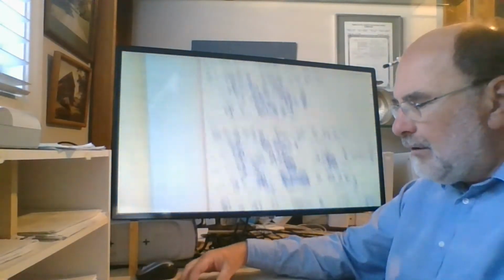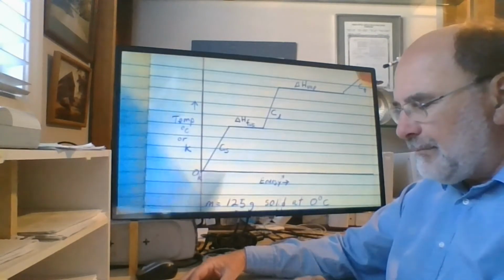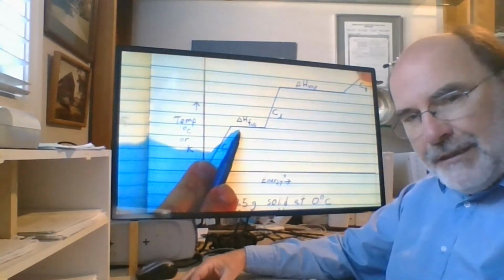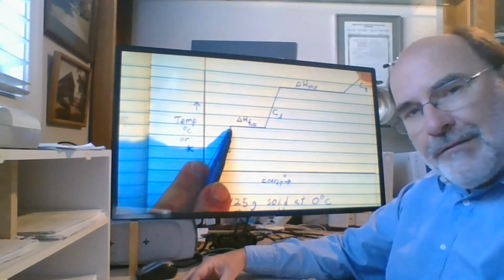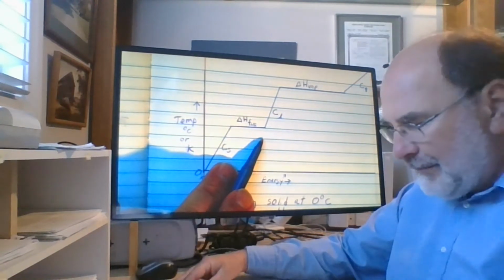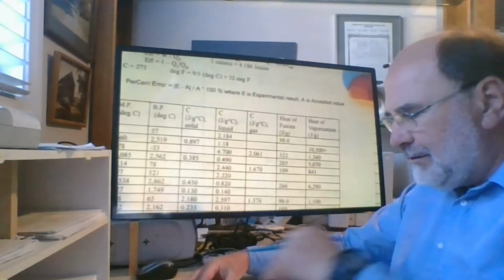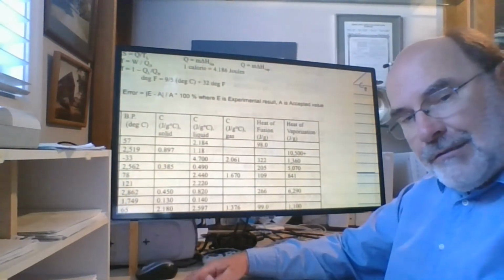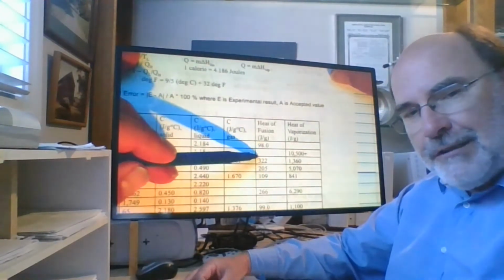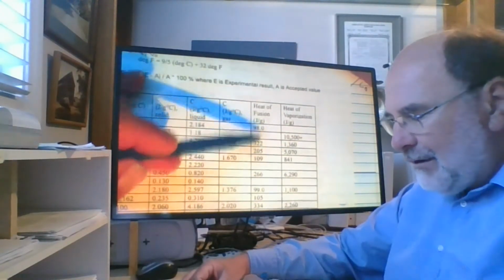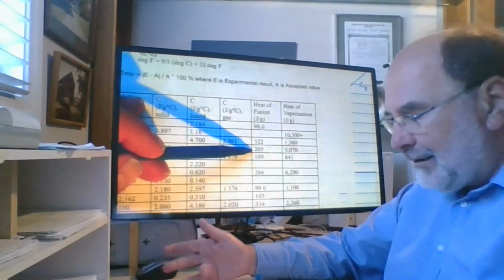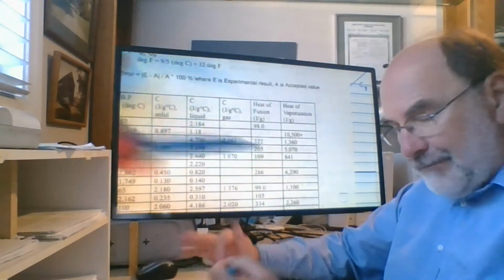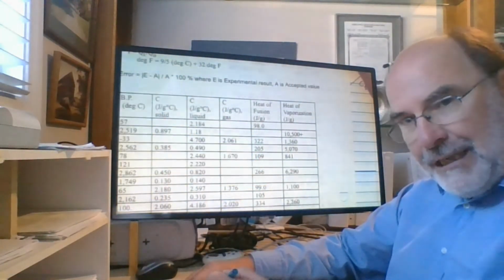So when I go from liquid to solid, I'm removing heat energy. When I go from solid to liquid, I'm adding heat energy. And the heat of fusion is a constant no matter which direction you're going. So they're listed as positive values here. When I'm melting it, I'm adding heat energy. When I'm freezing it, I'm removing heat energy.